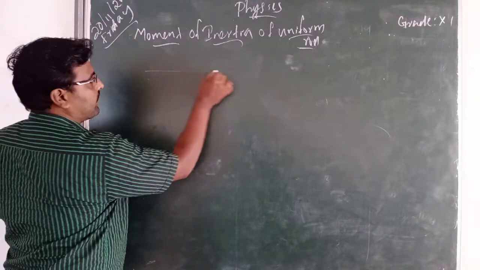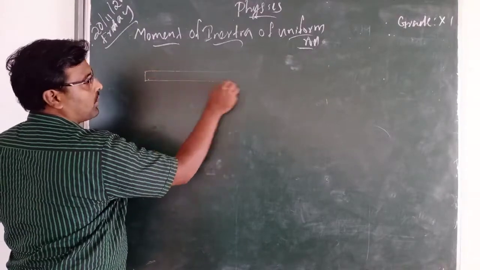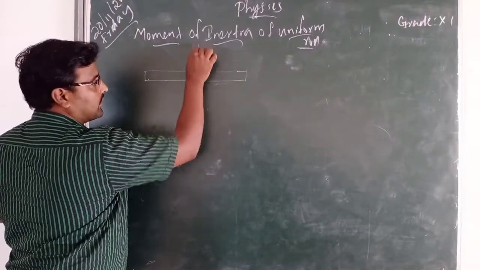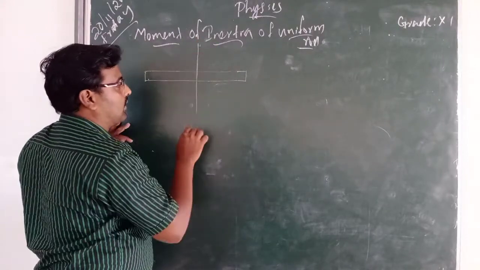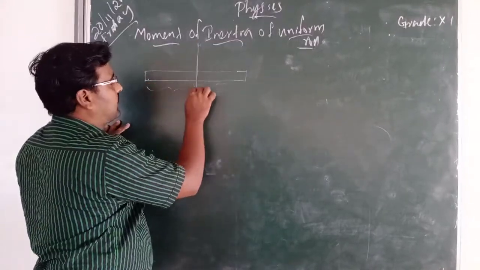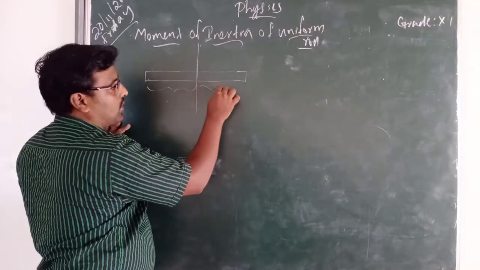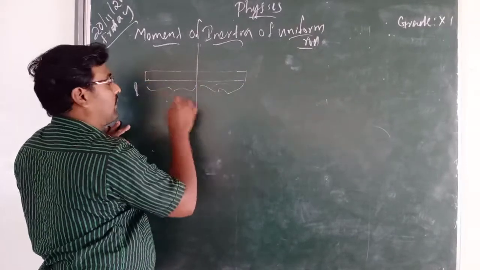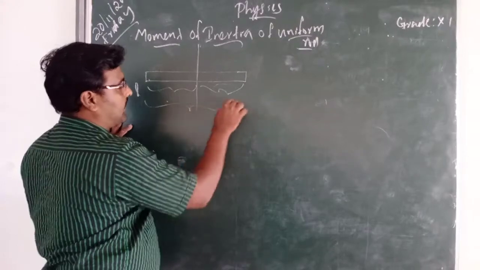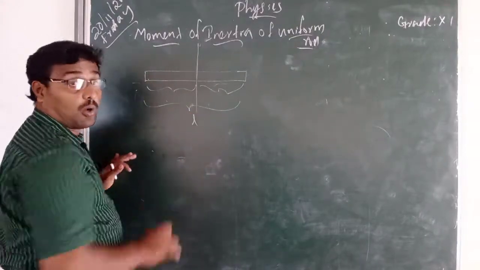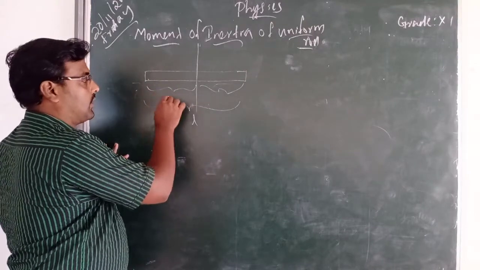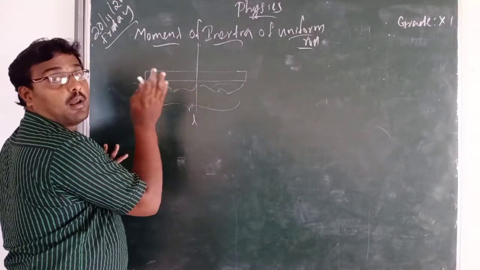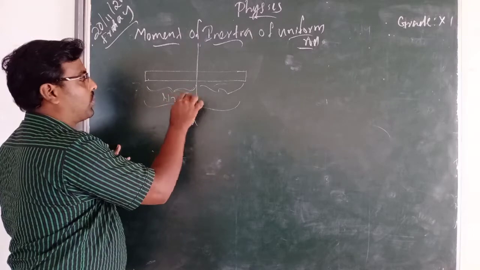One diagram is a uniform rod like this, which is passing through the axis, and the total length is L. This distance is half of L, so L by 2.